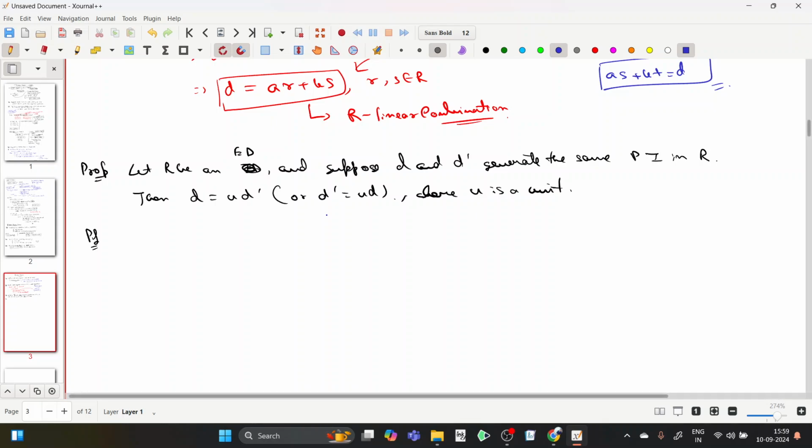See, we are told that D and D dash generate the same principal ideal. So basically we have that the ideal generated by D is the same as the ideal generated by D dash.